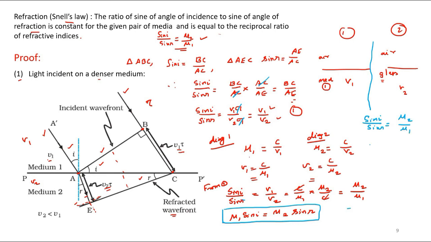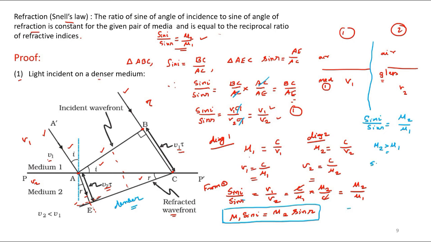So if you assume mu2 is greater than mu1, because this is the denser medium, if you consider this medium as denser, then mu2 should be greater than mu1 by definition.